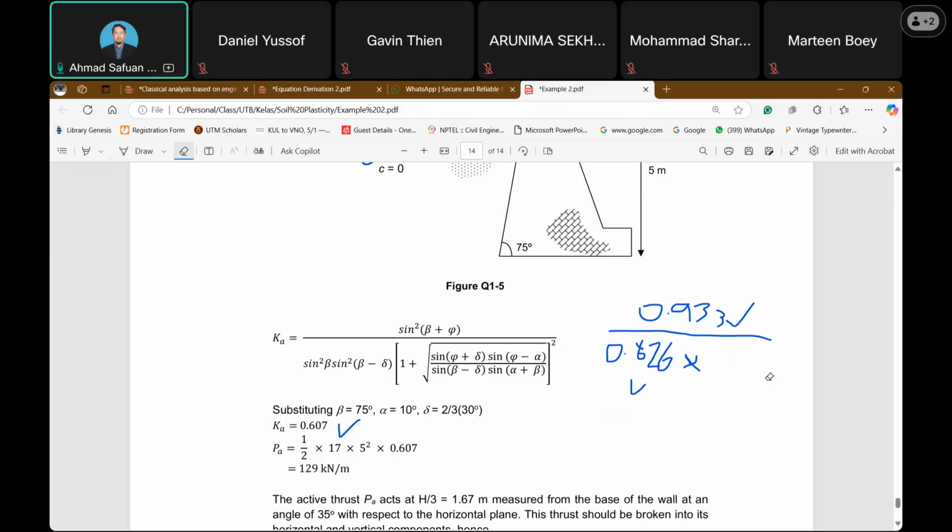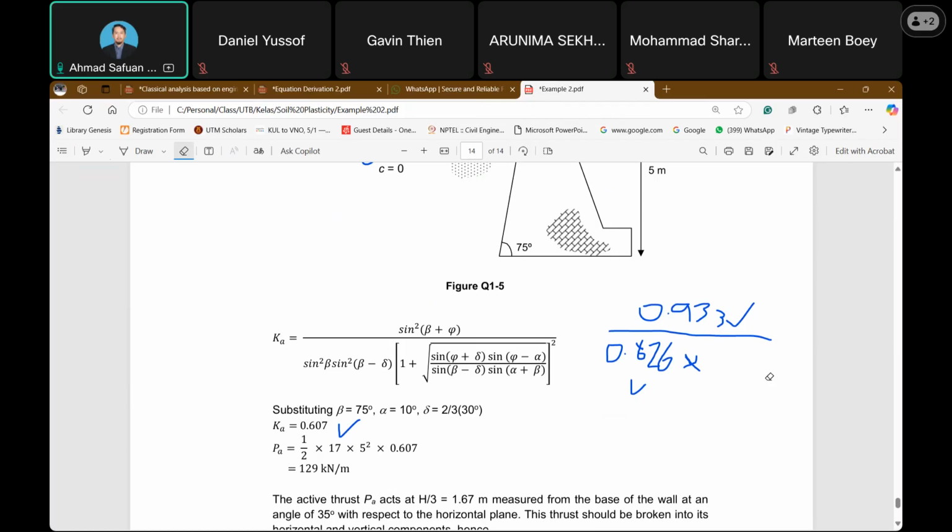Sin 30 plus 20, 50. Sin 30 minus 10, 20, divide with sin 75 minus 20, 55.